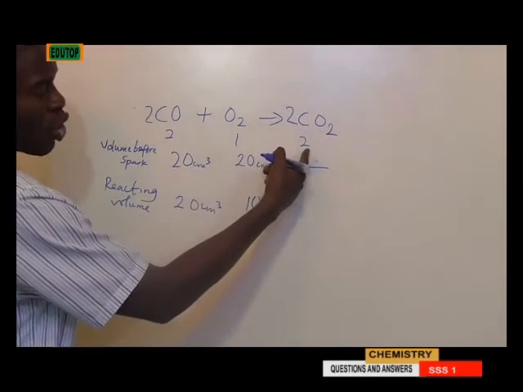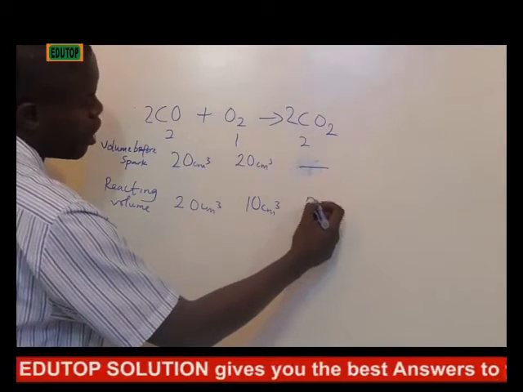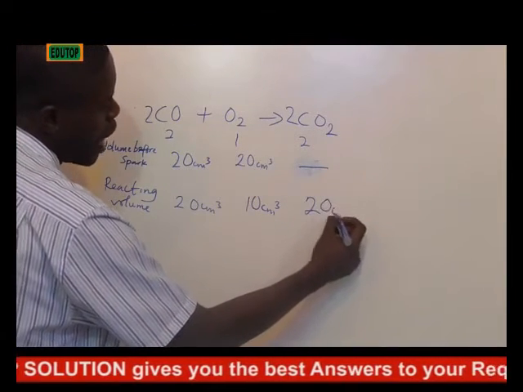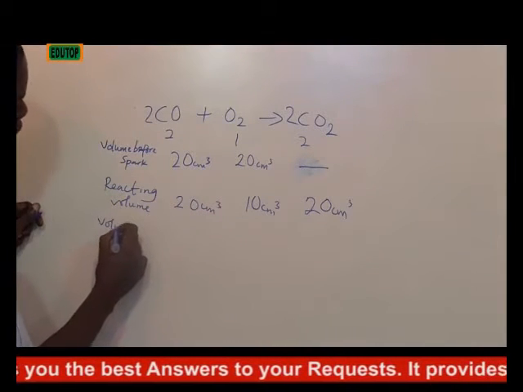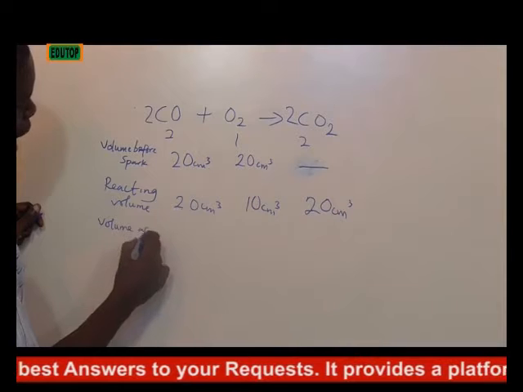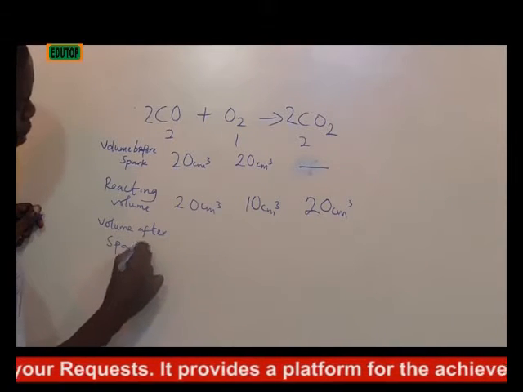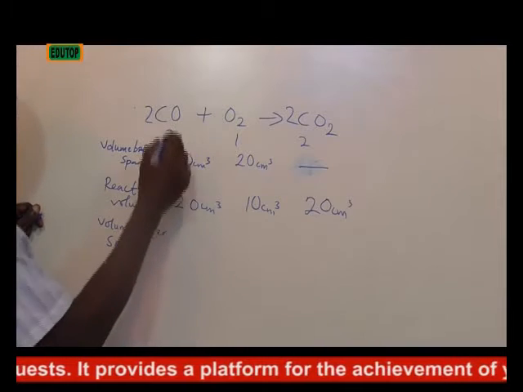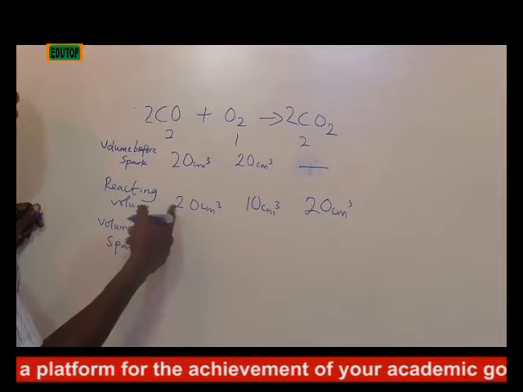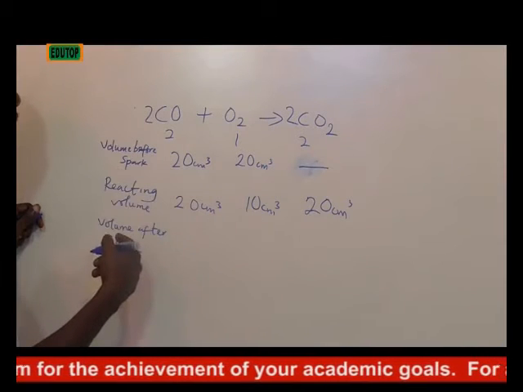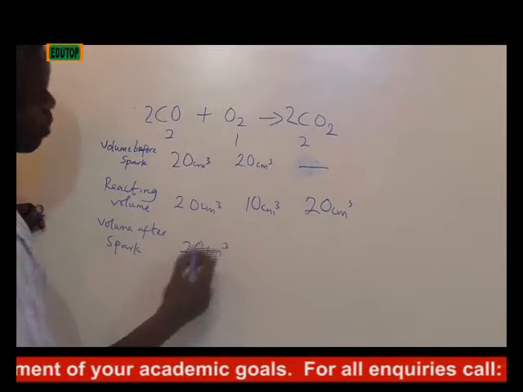Then, based on the ratio, the reacting volume for carbon(IV) oxide will also be 20 cm³. Then, the volume after spark.